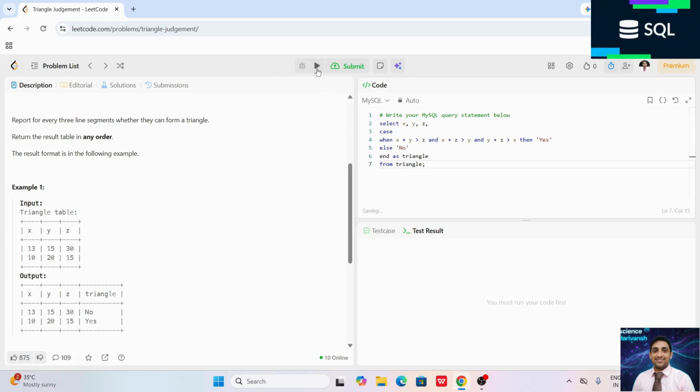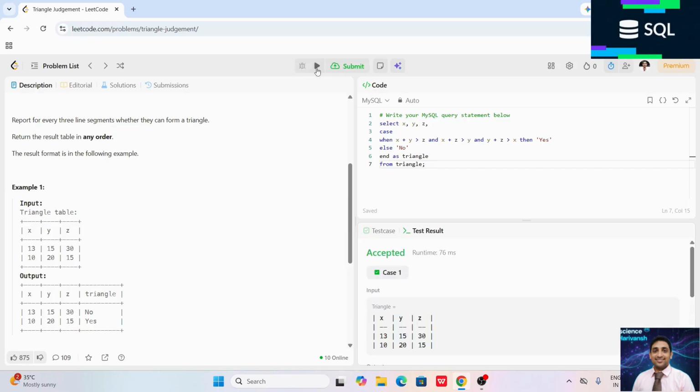Now let's run this code. So this solution directly follows the requirement of the question. For each row, check the triangle condition and return yes or no accordingly. Thank you.